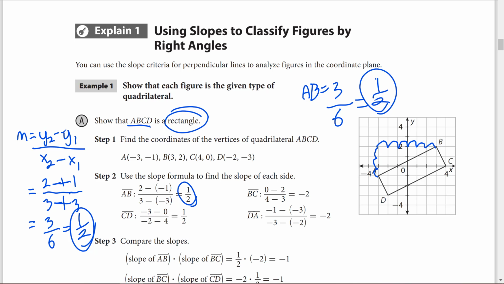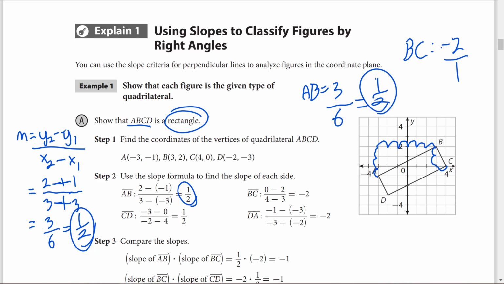So now let's take a look at BC. Well, if I look at BC, my run from B to C is down 2. So that would be a -2 over 1. Now that does reduce to just -2.